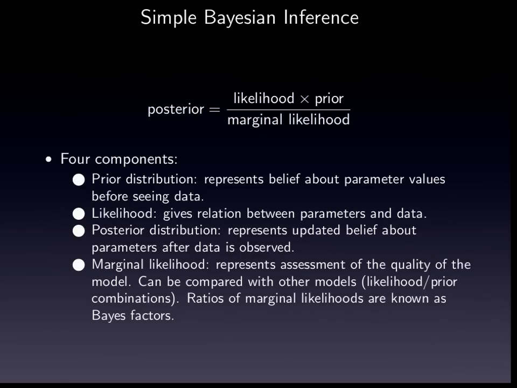The likelihood gives the relation between the parameters and the data. The likelihood is really important. One way of thinking of it is as the model of the relationship between the parameters and the data. So it contains all your beliefs about how the data would emerge given a set of parameters.